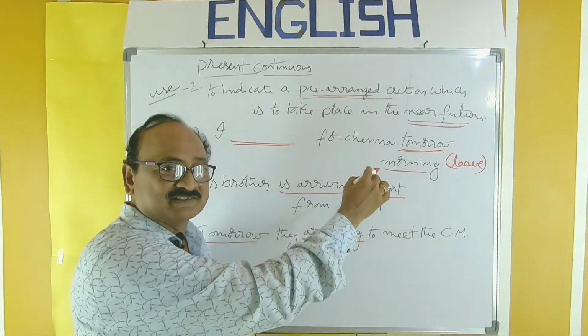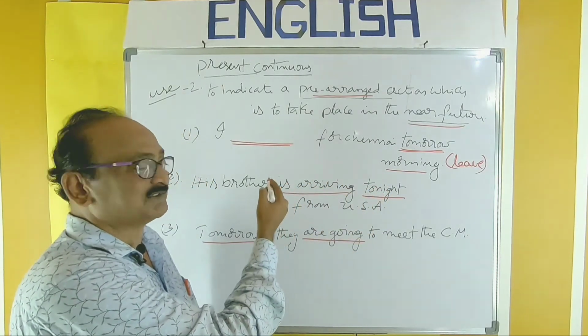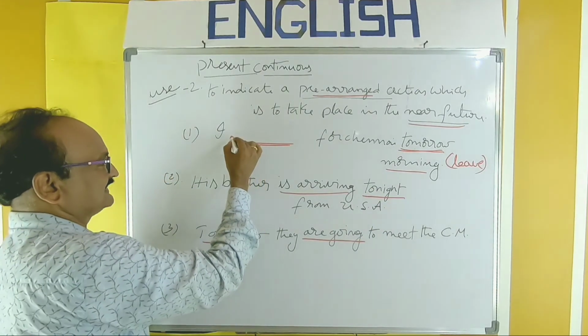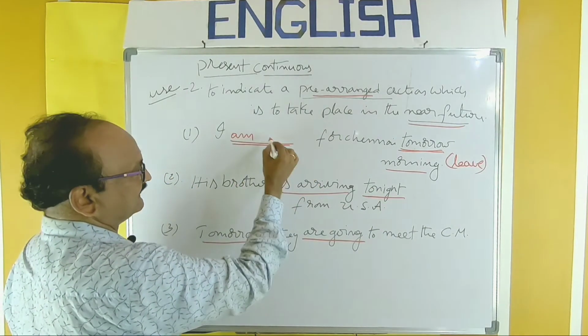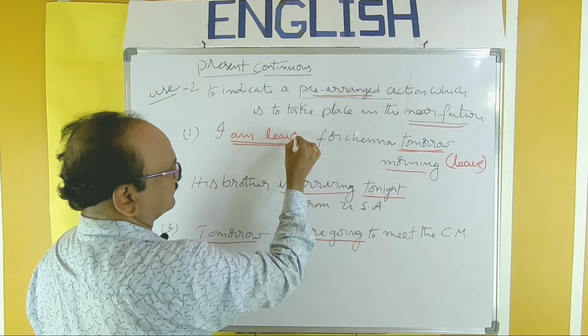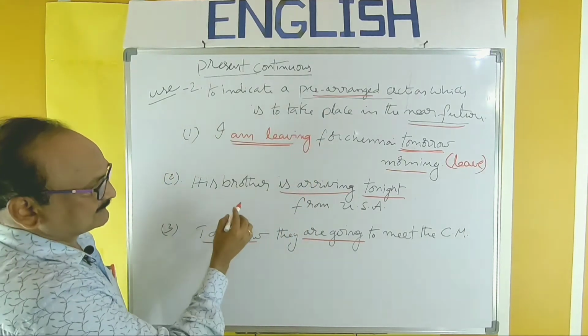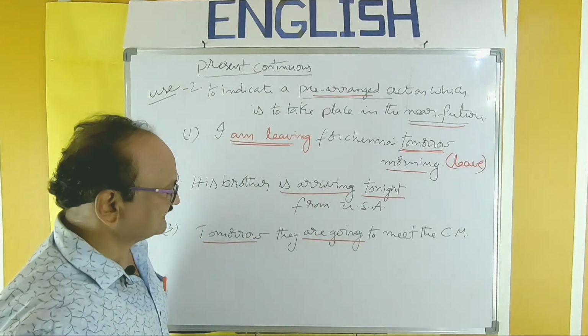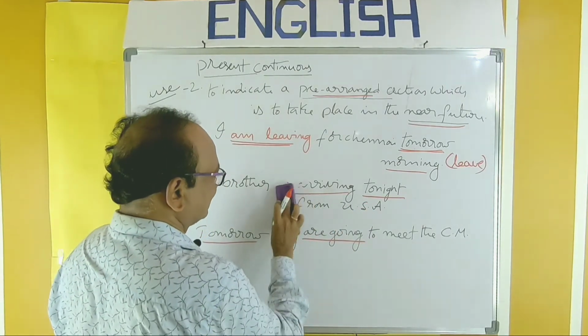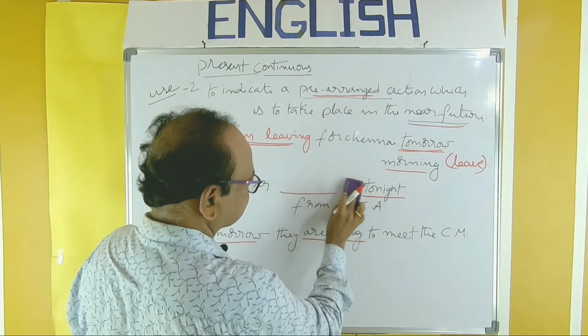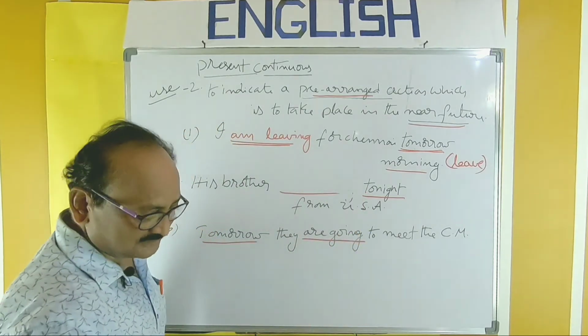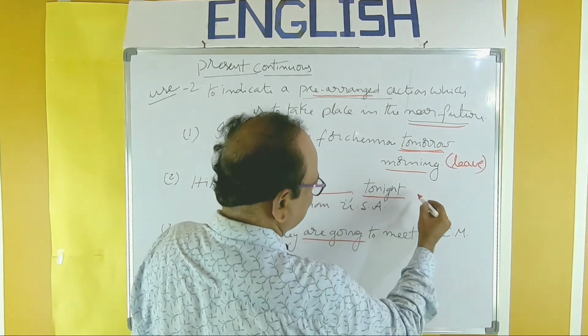And you have to use present continuous like this: I am leaving. His brother is arriving tonight. Here also same. He is arriving. Blank, and the verb arrive.